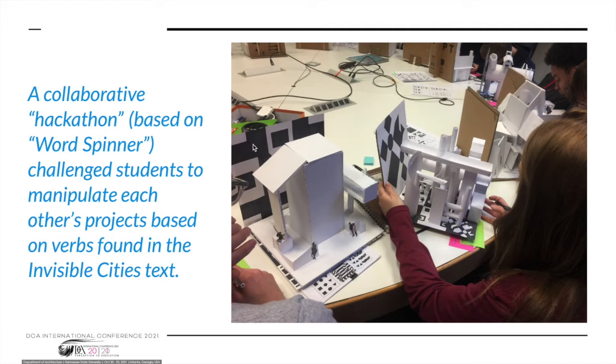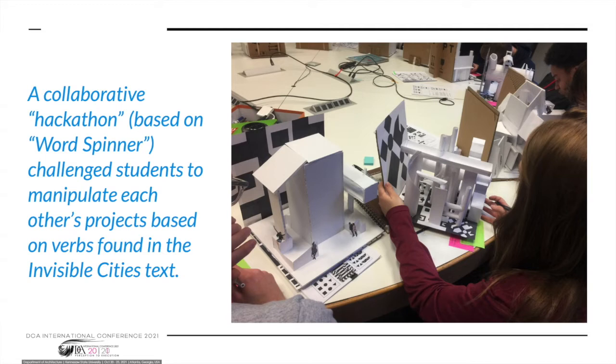We can see one tile acting as the elevation and the 9 tiles acting as plan, pulling out a verb from the text and then using that to modify it somehow, using some very simple tools, whether it include ripping and tearing or scissors or realignment or otherwise.